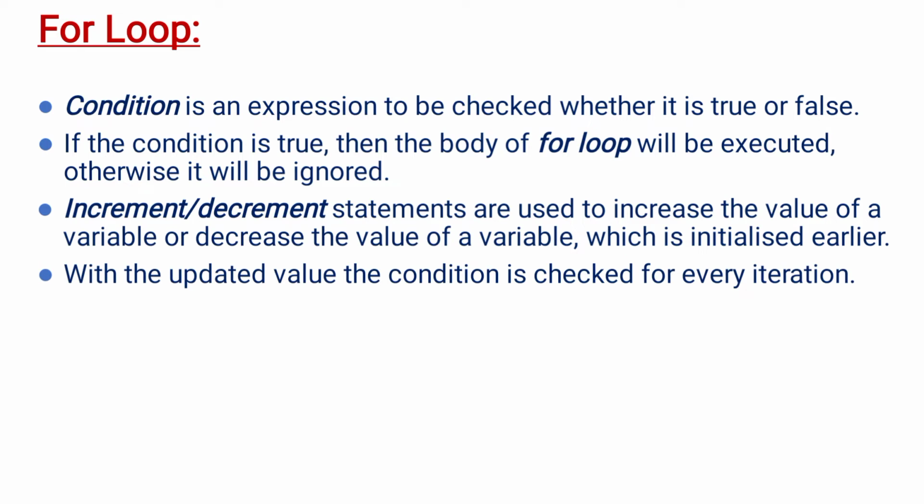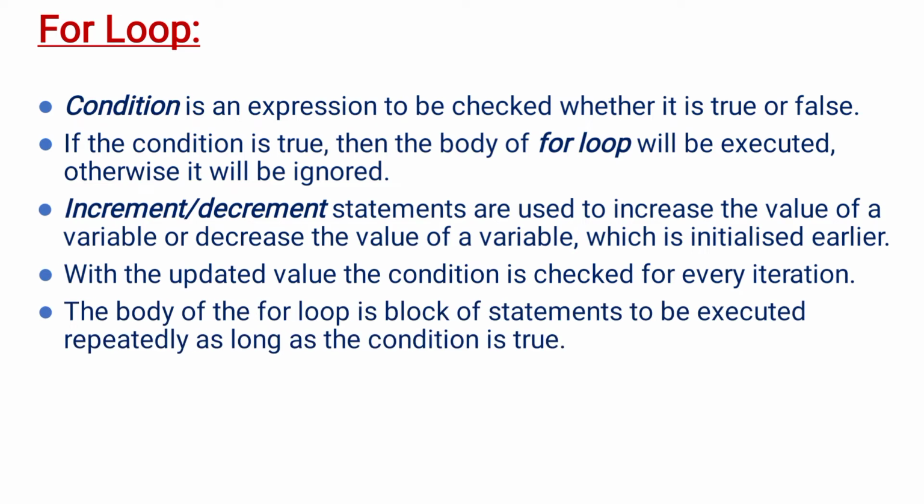With the updated value, the condition is checked for every iteration. Every time the loop is going to be executed, the condition is evaluated with the updated value. If the condition is true, the control goes inside the for loop. If the condition becomes false, the control comes out of the loop.